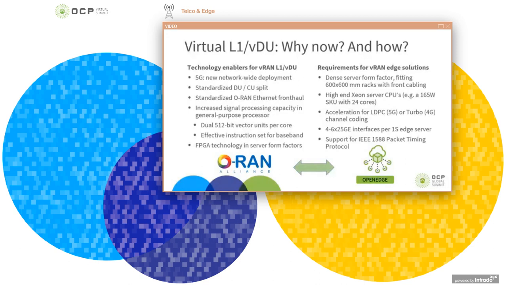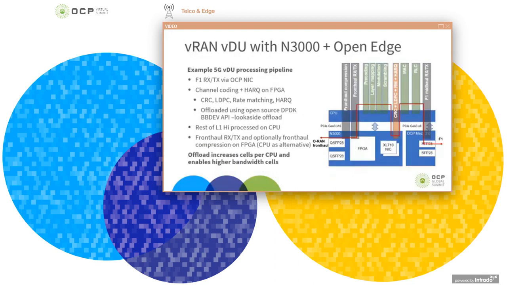Yet, high Ethernet connectivity with 4 to 6 times 25 gigabit Ethernet per server is needed in order to support front-haul and mid-haul connectivity. And finally, there needs to be good support for accurate timing with the 1588 packet timing protocol. Next, we look into details how we process and accelerate virtual layer 1 in this case study.